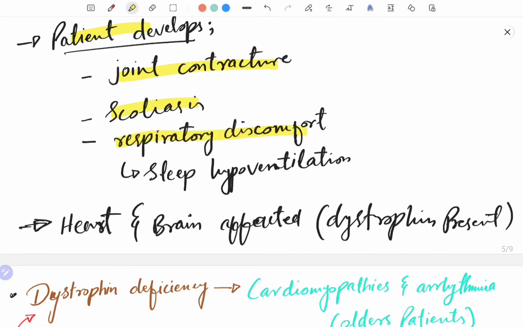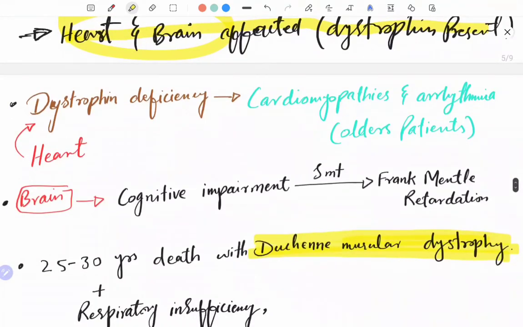Respiratory discomfort, sleep hypoventilation, heart failure; the heart and brain are also affected, because dystrophin is also present in the heart and brain cells. Dystrophin deficiency in the heart may lead to dilated cardiomyopathies. And arrhythmia also occurs, particularly in the older patient.